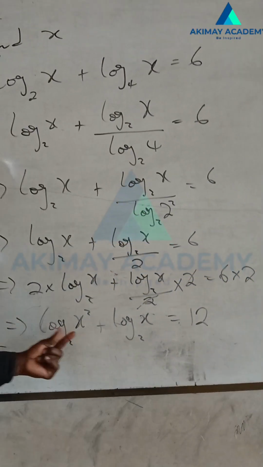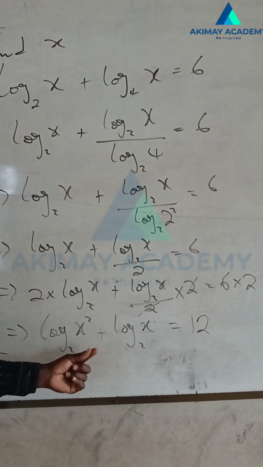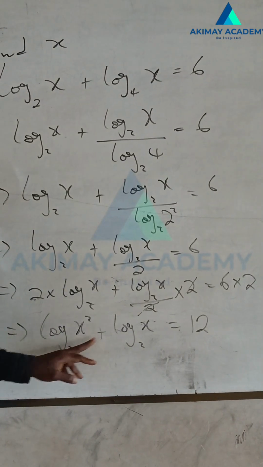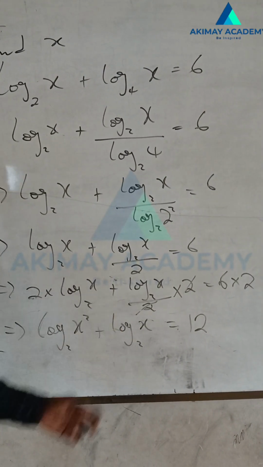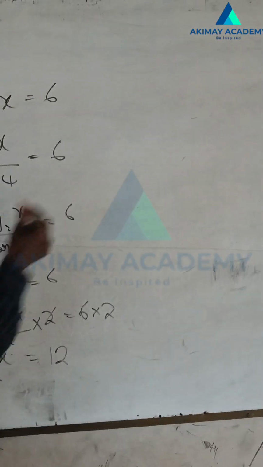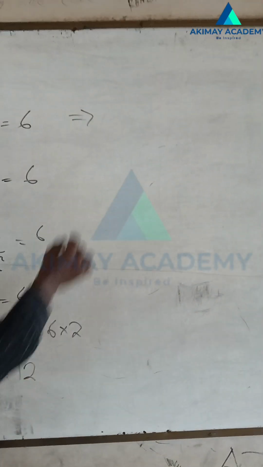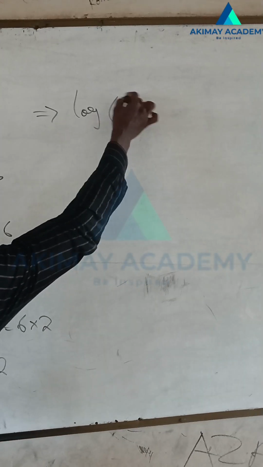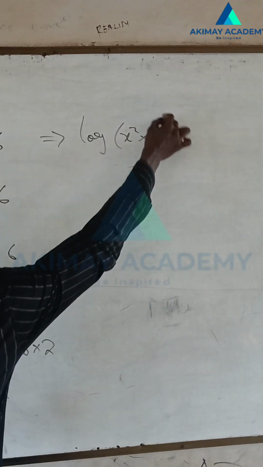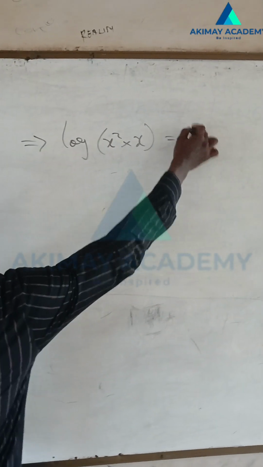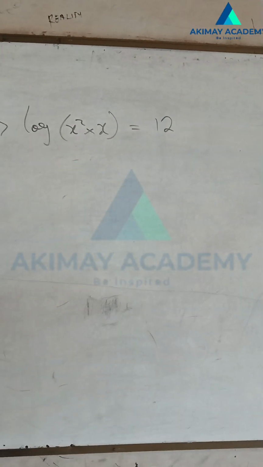Okay, and therefore we can apply the law, the addition law of logarithm. So when the bases are the same, we take one of the log, then we multiply the values. So we are going to have log x squared times x, okay, equals 12.